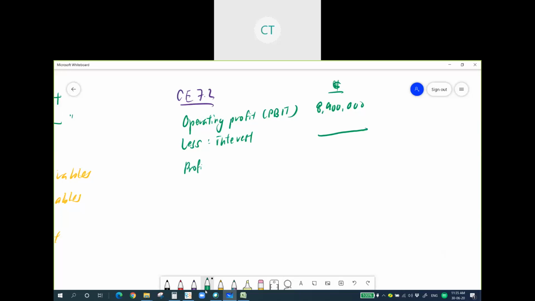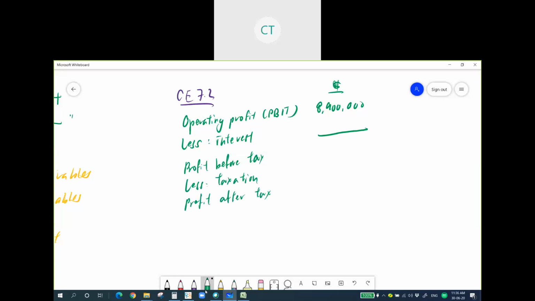Profit before tax. Again, we don't know the amount. So we put the amount blank first. After that, we will minus taxation, the income tax of the company. And then finally, we get profit after tax.